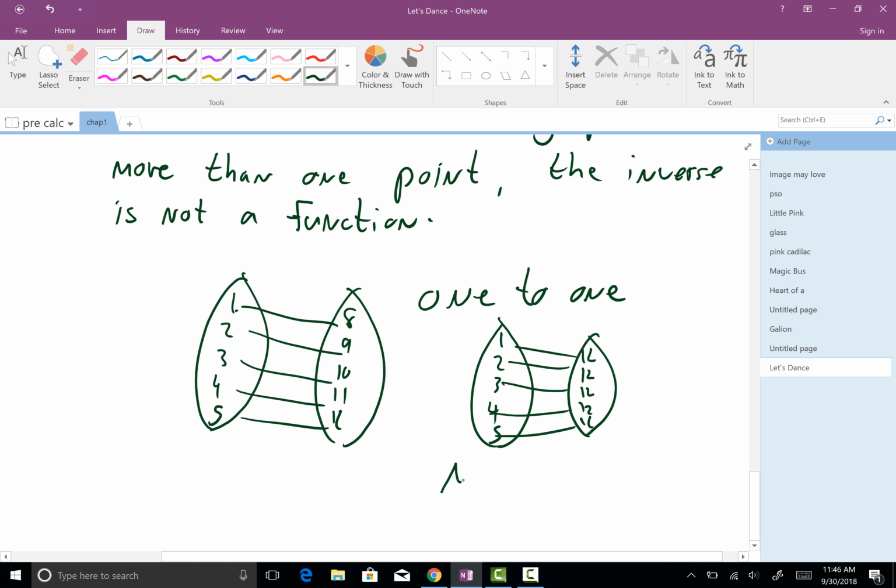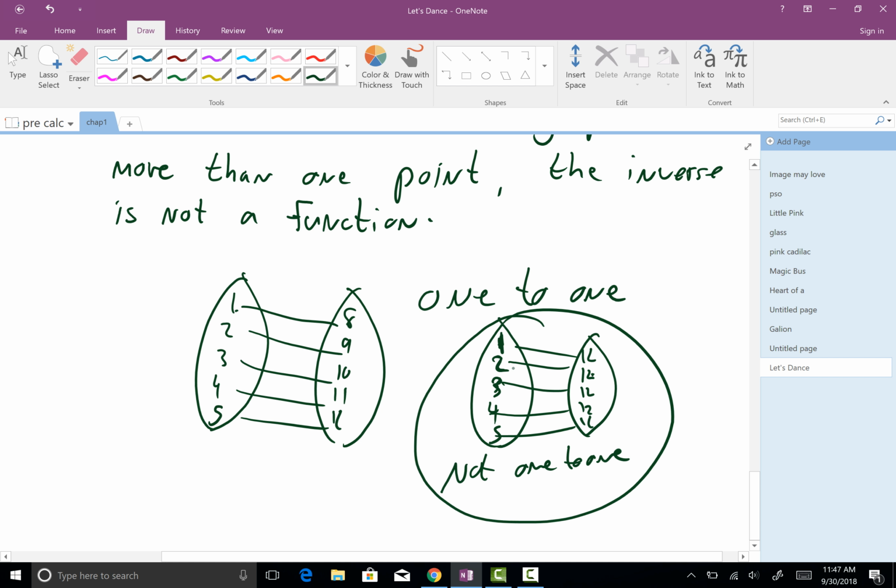But this function is not 1 to 1, because these are all going to the same y element. They're not different. So we would say this one is not 1 to 1, but this one is 1 to 1. That's basically what the horizontal line test is saying. So just wanted to point that out to you.